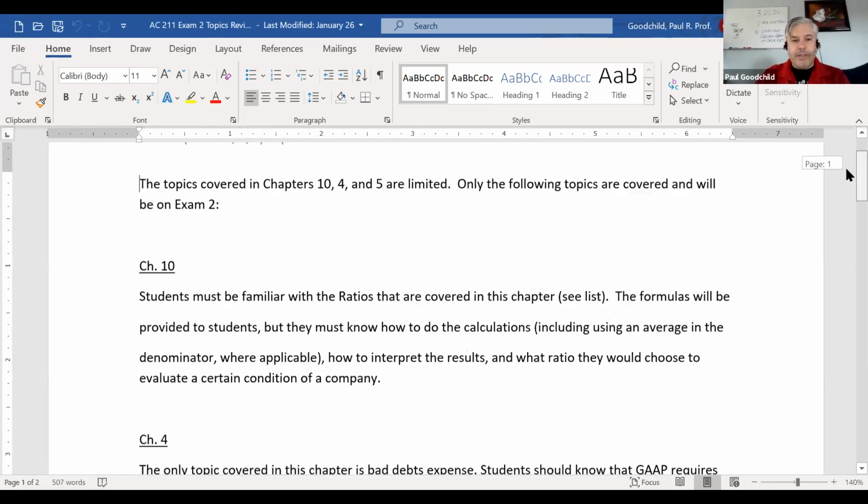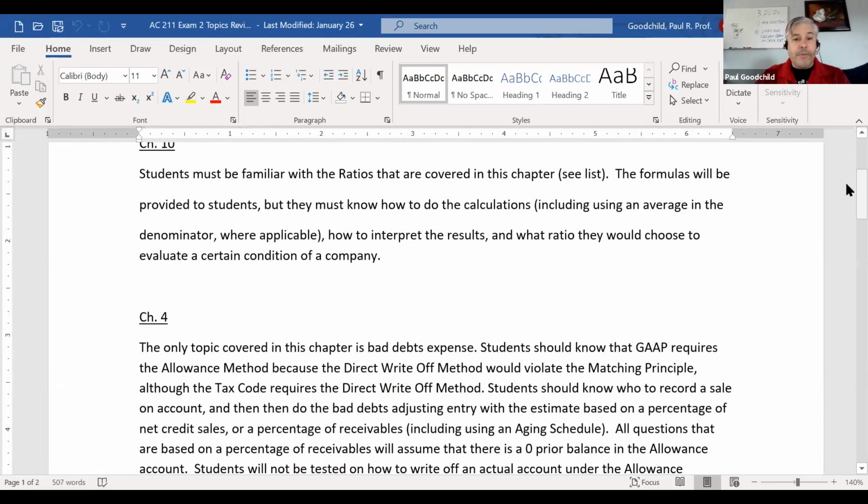In chapter 10, you must be familiar with the ratios that are covered in the chapter. I gave you a list of them. The formulas will be provided, but you must know how to do the calculations.